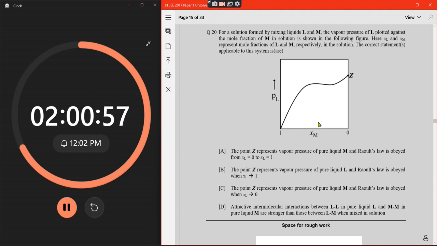The pressure of L is extra compared to what it should have been, right? Yeah, that is basically what it's saying.